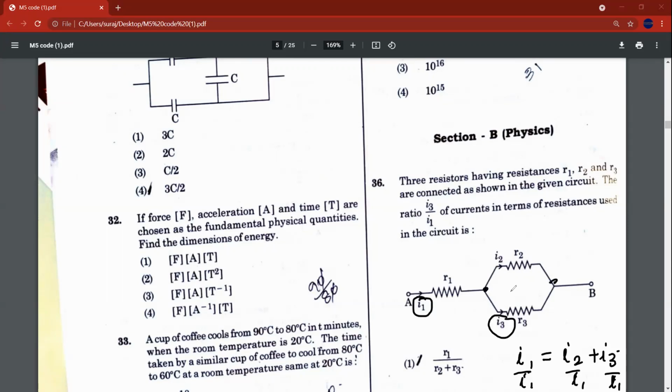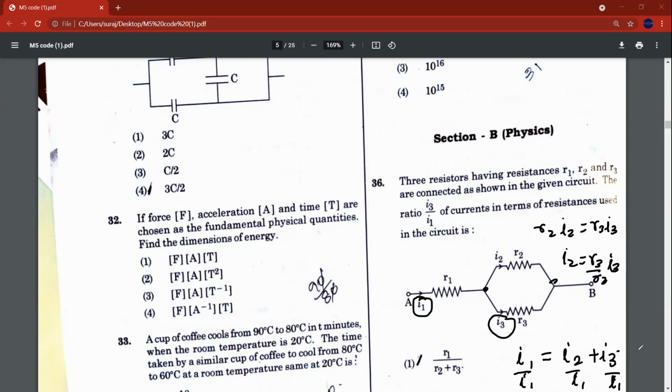Here you can find potential is the same. So I can write R2 into I2 equal to R3 into I3. So I2 in terms of I3 I can write. I2 will be equal to R3 by R2 into I3.